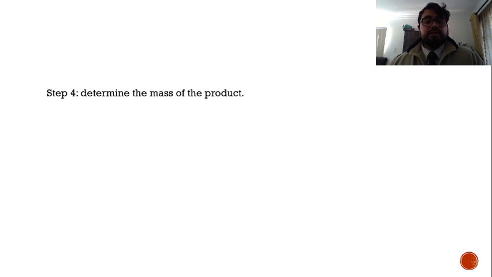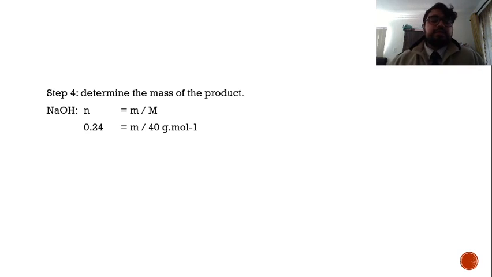Okay, now we're going to determine the mass of the product, and the product we're looking for is sodium hydroxide, NaOH. Number of moles equals mass over molar mass. Again, please calculate the molar mass on the side, that way you get good practice. We have the number of moles, which is 0.24 moles, and we have the molar mass value, which is 40 grams per mole.